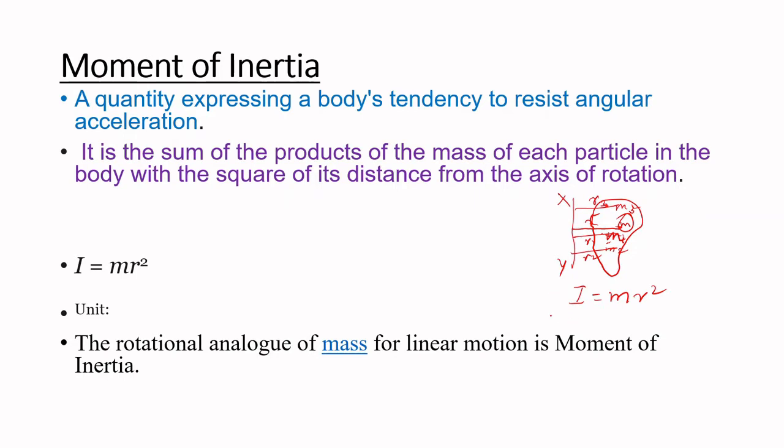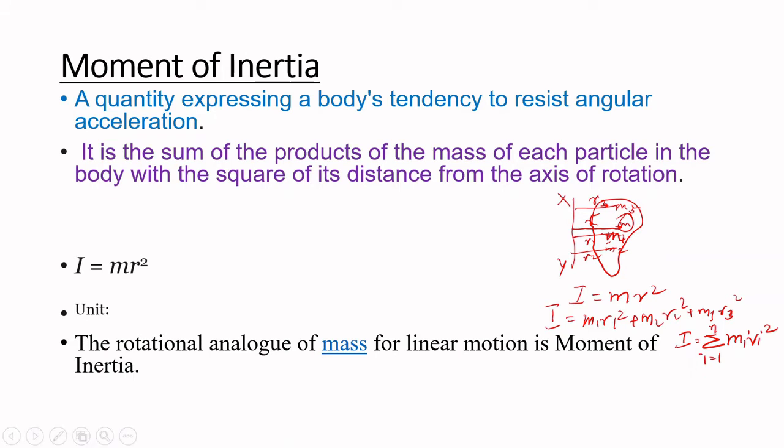In that case, I will be m1 r1 square plus m2 r2 square plus m3 r3 square. If there are n particles, these terms should be extended to n terms. So I in that case will be equal to sigma i equal to 1 to n of mi ri square.